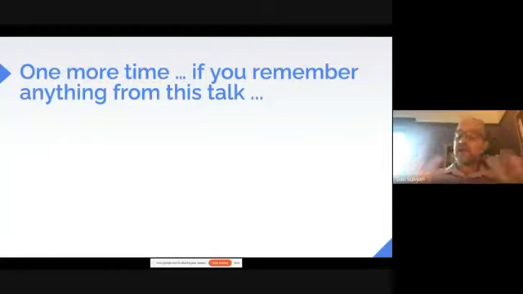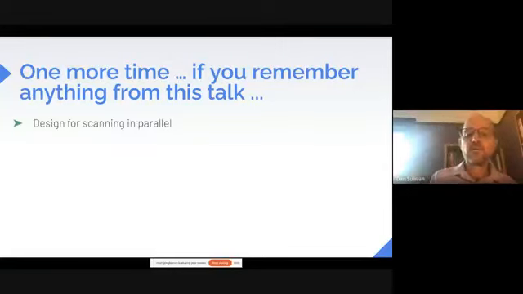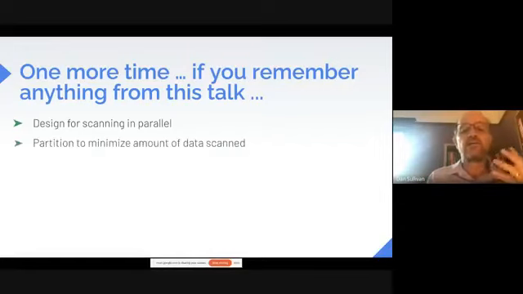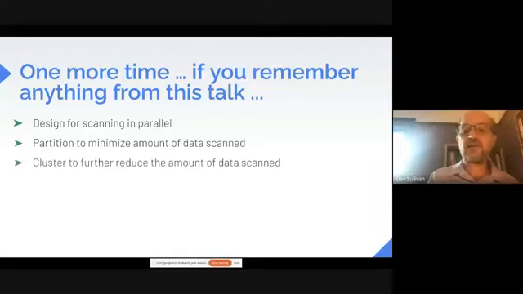So that covers the key points I wanted to make. I just wanted to reemphasize, when we're working with BigQuery, we are constantly thinking about how do I deal with scanning? I know the basic operation is scanning, so I can use partitioning to minimize the amount of scanning. I can use clustering within a partition to further reduce the amount of scanning.